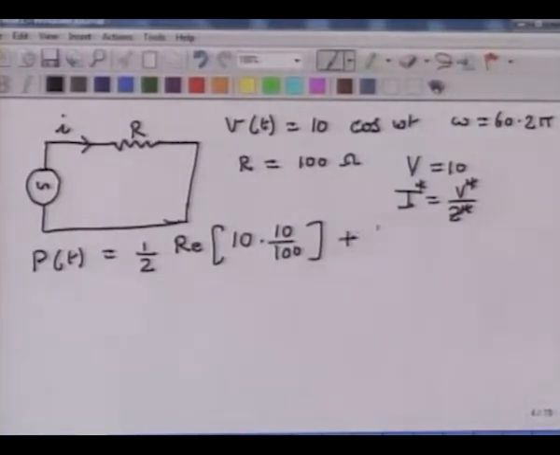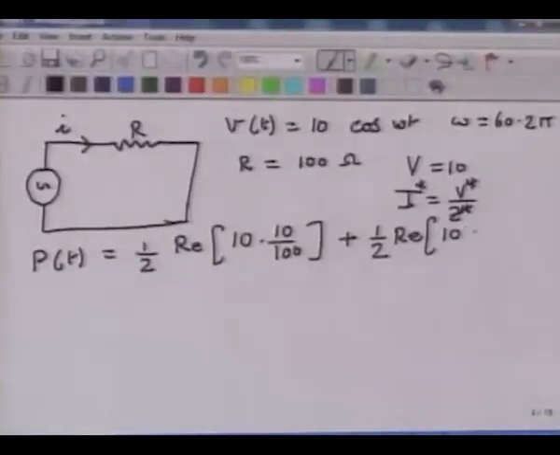plus, and then I have a cyclic component, real V I e to the 2j omega t. So V is 10 times I is 10 over 100 e to the 2j omega t.